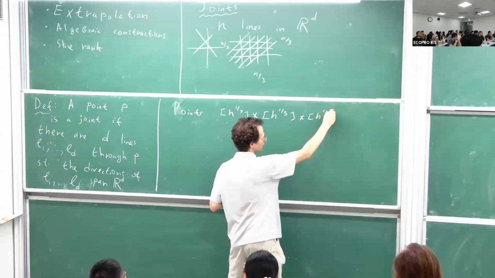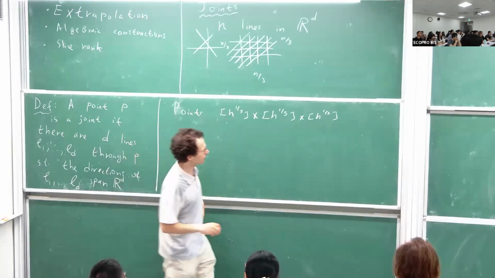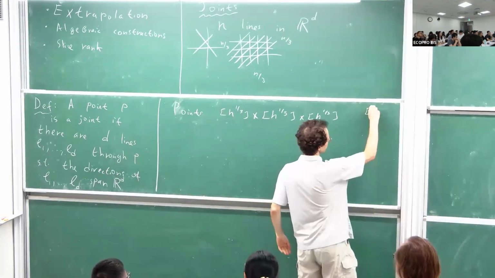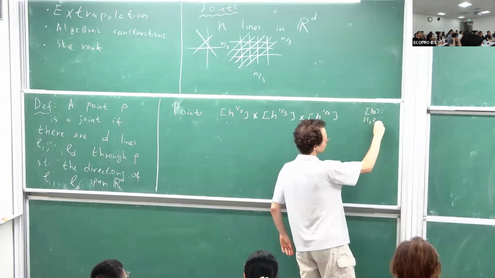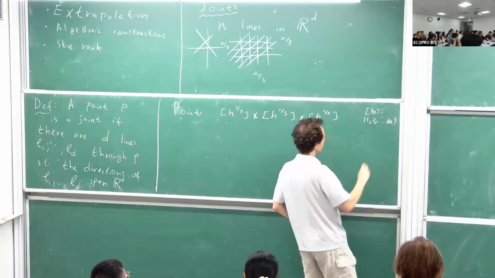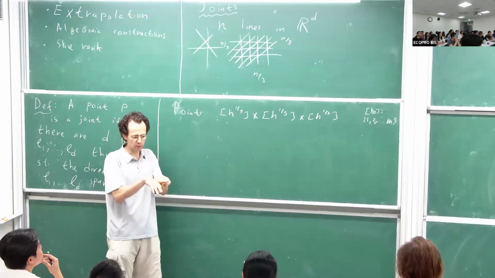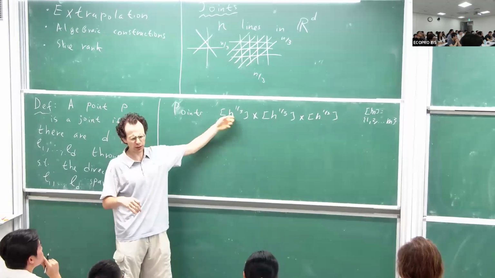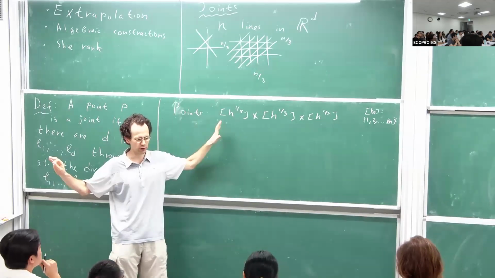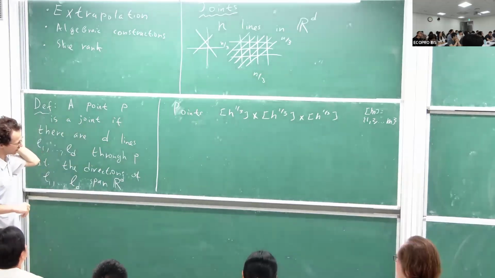Actually, probably I should say a word. The bracket annotation, sorry, will always mean the set 1 through m. So this is just a grid with side length n to the power 1/3. I'm ignoring the floors and ceilings, replace by floor or something if you want.